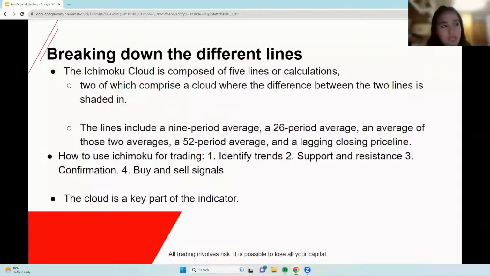But basically, these lines include a 9-period average, 26-period average, average of these two averages, 52-period average, and a lagging closing price line. So the cloud is a key part of the indicator. And how people use Ichimoku for trading is basically 1, to identify trends, 2, as support and resistance, and 3, confirmation, as well as buy and sell signals.